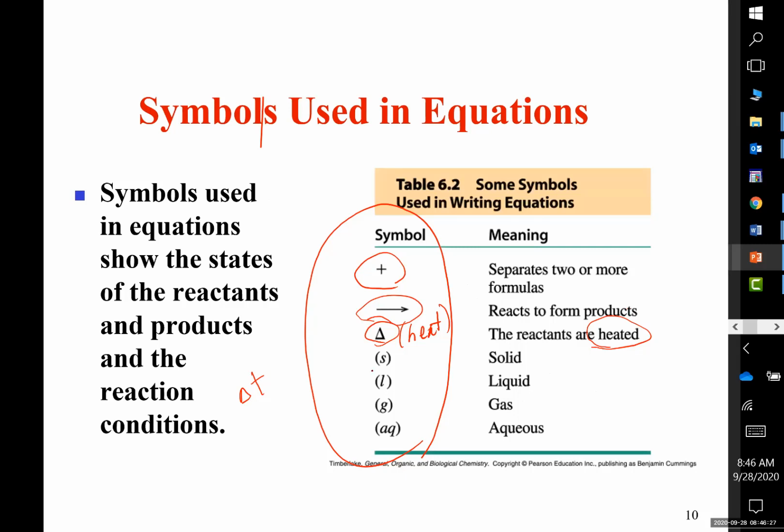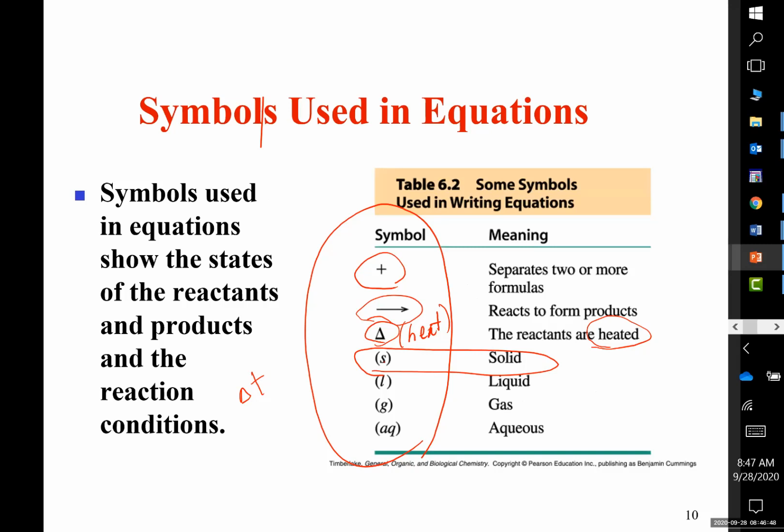What about phase of reactants and product? Well, you know matter has three phases: solid, liquid, and gas. Solid like ice, liquid like water, gas like steam.